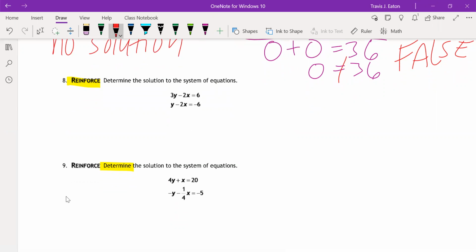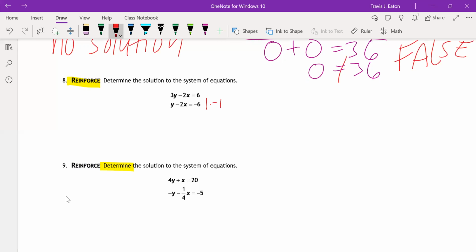And let's see, determine the solution to this system. All right. Well, let's see. How can I get rid of something? You know what? Just for kicks, I think I'm going to multiply the bottom equation by -1.